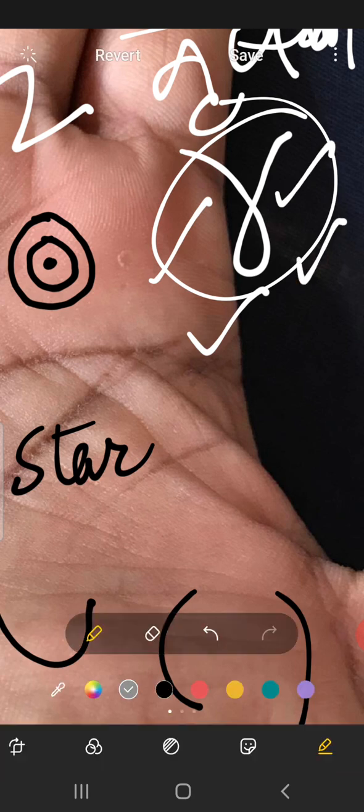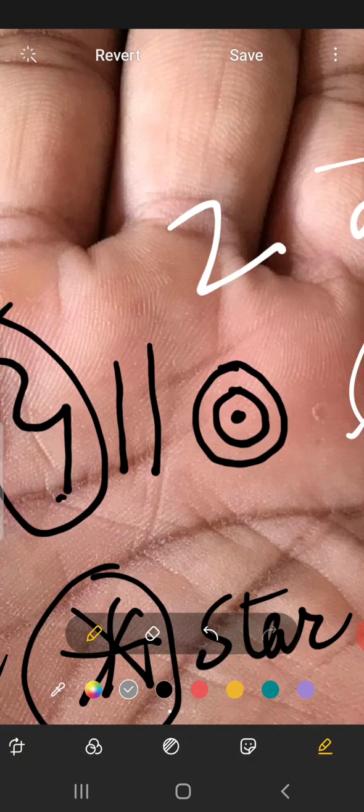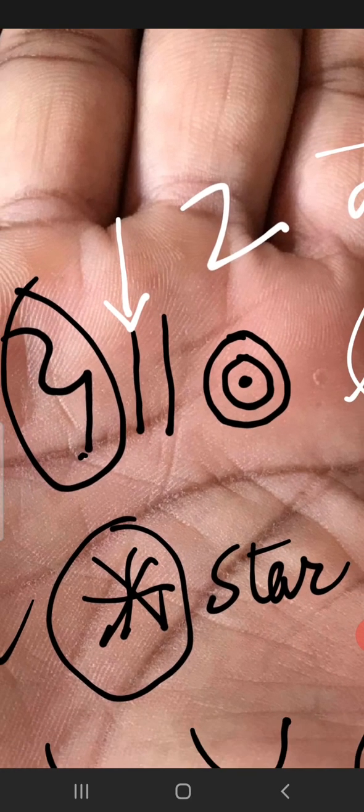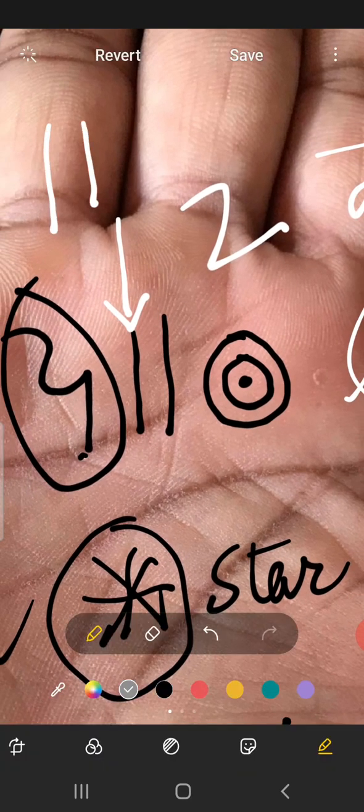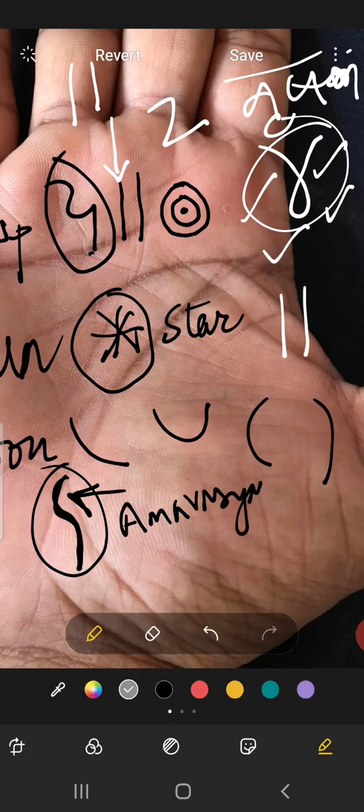So whenever we look at Gochar, we have to observe these particular symbols. Now, the symbol I have drawn here is also the symbol for Mithun. Mithun Rashi's symbol is like this. So do not get confused when a particular symbol or chinha represents a Rashi and a Graha.